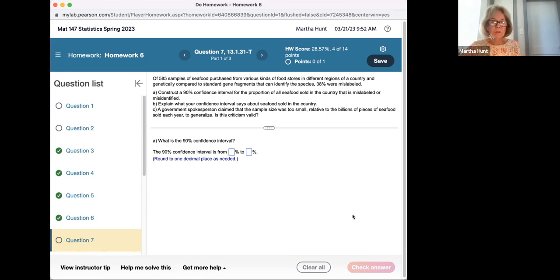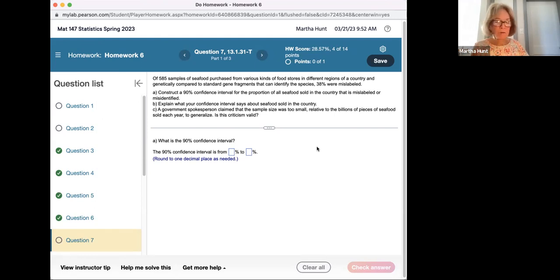This time you're going to use StatCrunch, but I can tell you ahead of time, there's nowhere in StatCrunch you can put the number 38%. What they're going to ask you in that dialog box is the number of successes and the number in the sample.